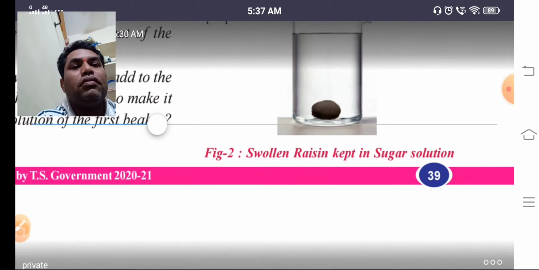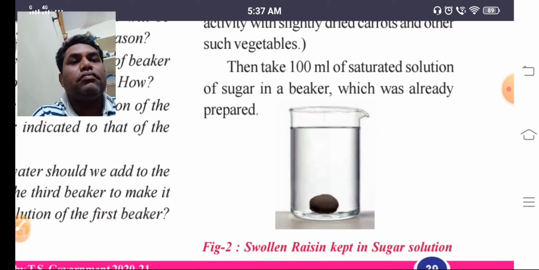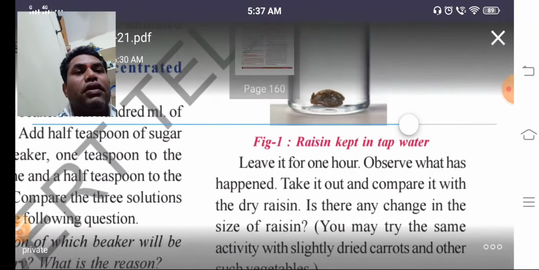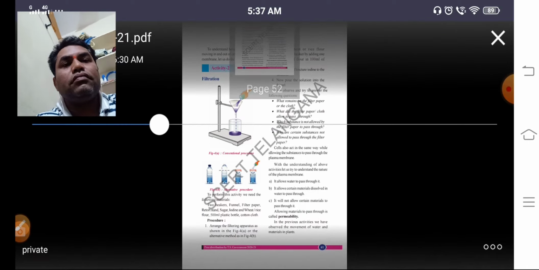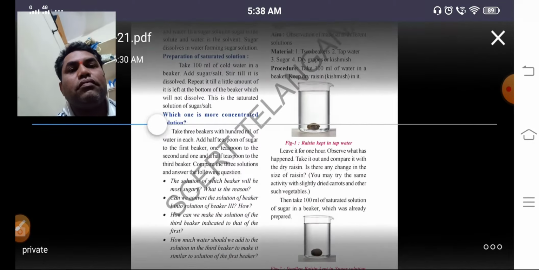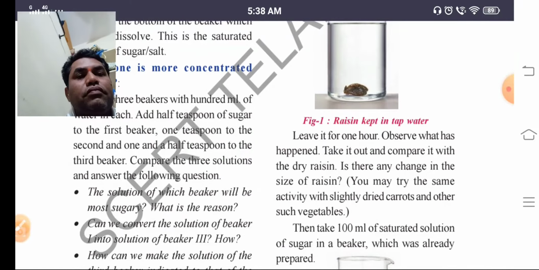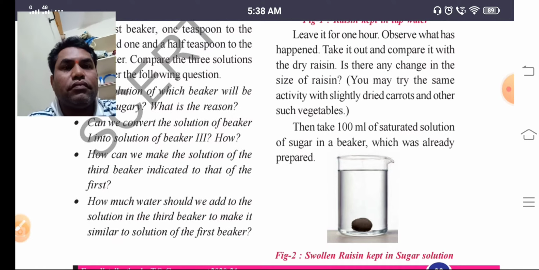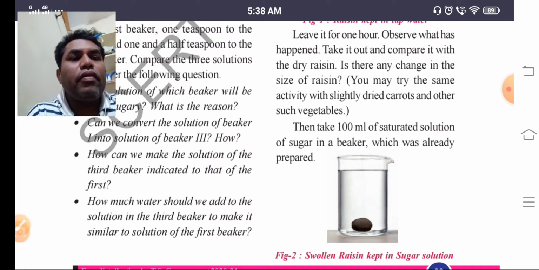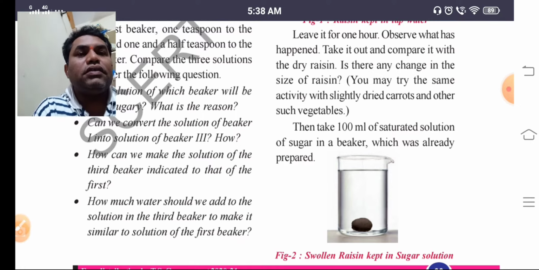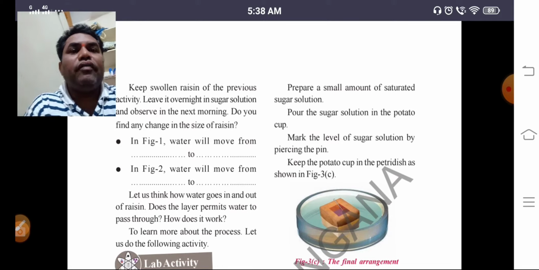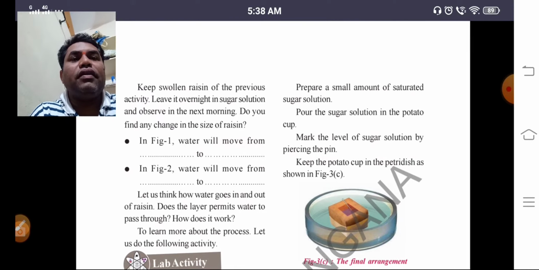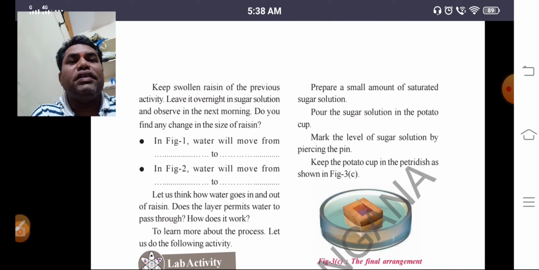Keep the swollen raisin of the previous activity in the sugar solution, leave it overnight, and observe the next morning. Do you find any change in the size of the raisin?